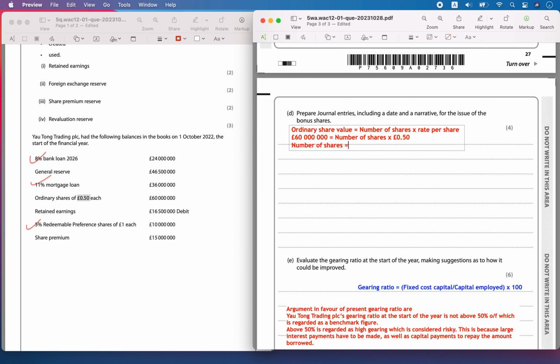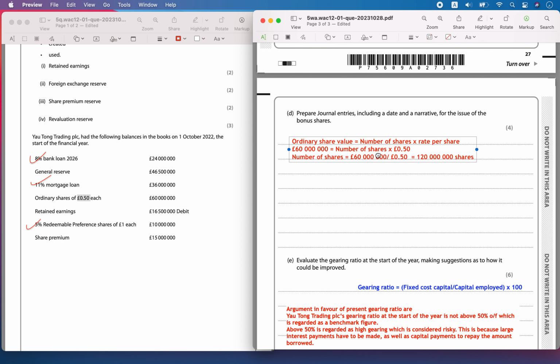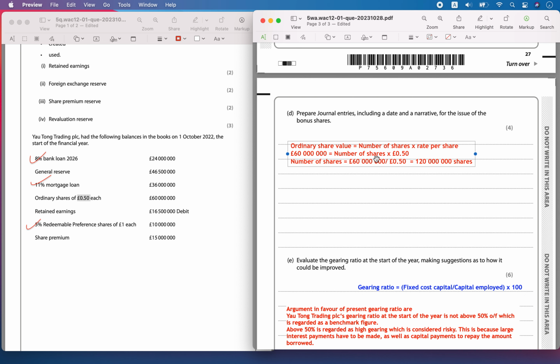Number of ordinary shares will be equal to 60 million divided by 0.5. So that is going to be equal to 120 million shares, the total number of shares.